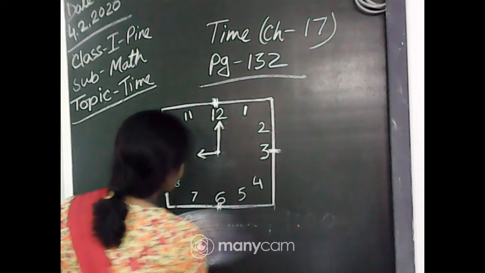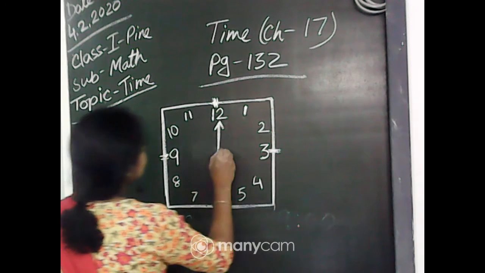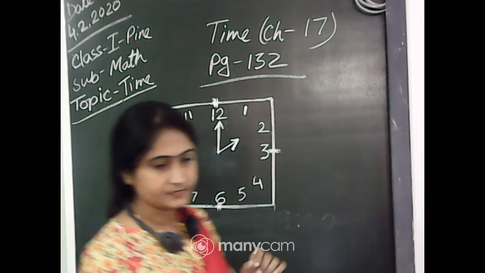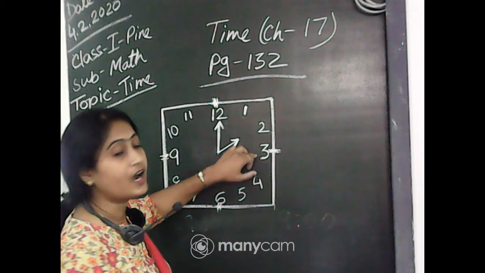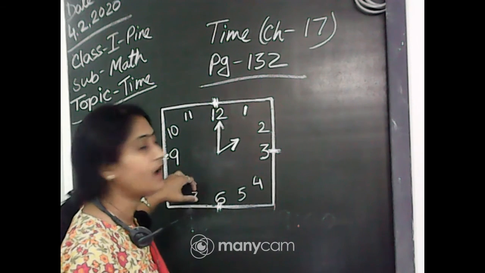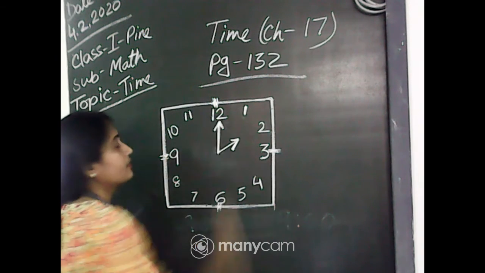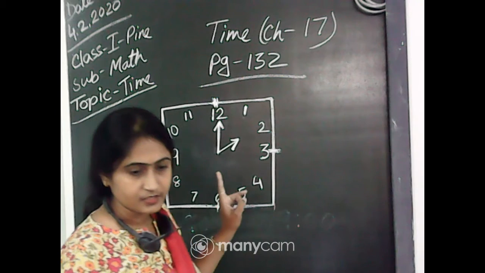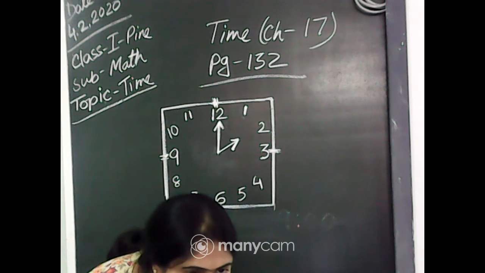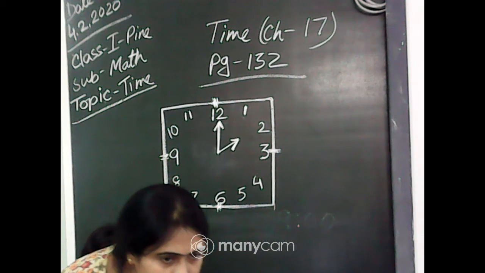Now tell me, what is the time now? When the small hand indicates 3, 4, 2, 1, the minute hand always indicates 12. Okay, 2, very good. Very good, all of you. Kaustubh, Aryan, Sheikh, Aritro, very good.